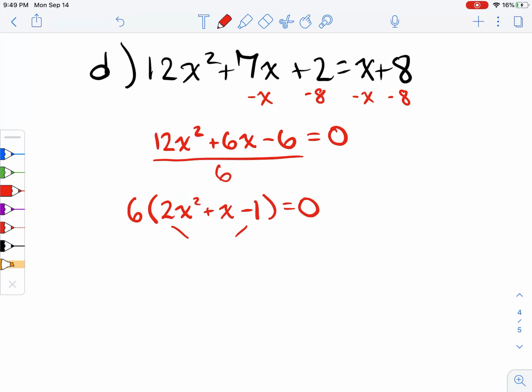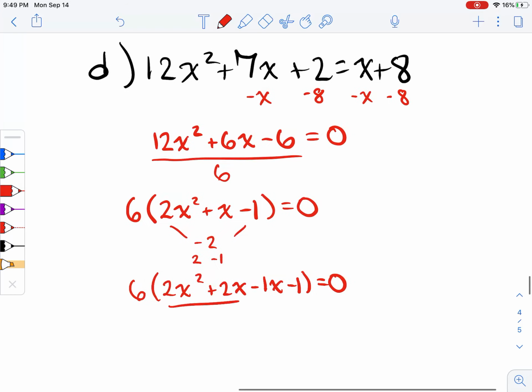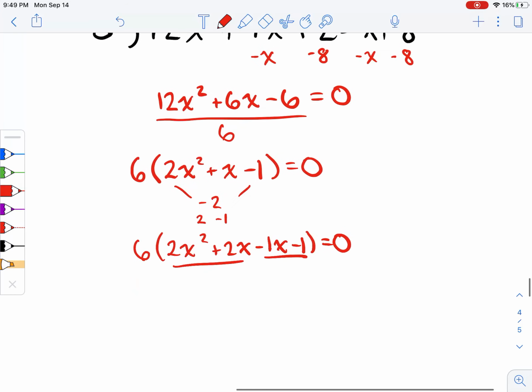From here, I can factor by grouping, so negative 2. Factors of negative 2 that add to positive 1 would be 2 and negative 1. So when I group these, I have 2x squared plus 2x minus 1x minus 1 equals 0. First two and second two terms.